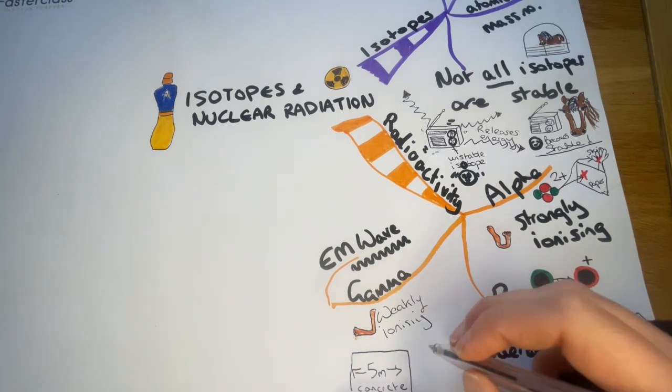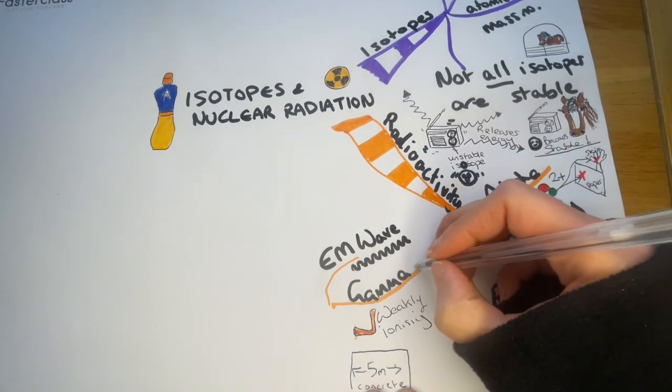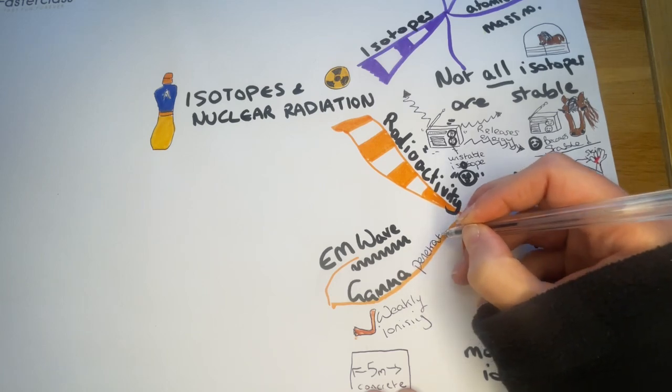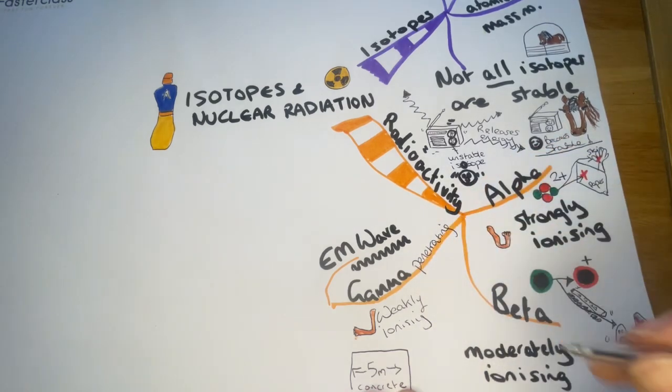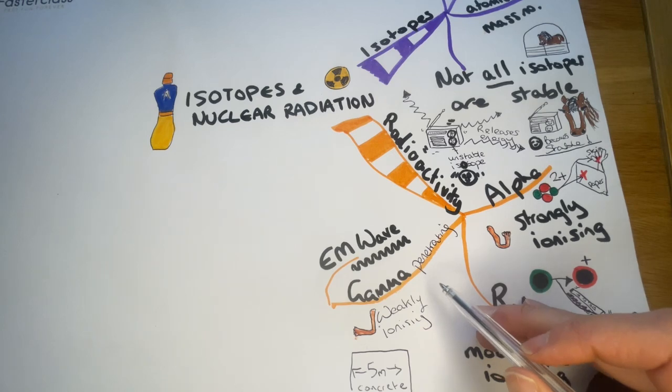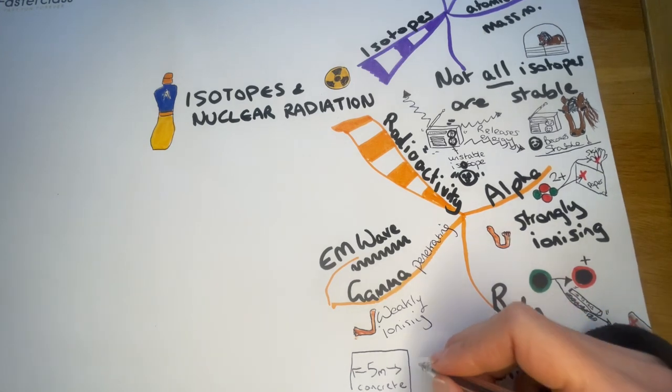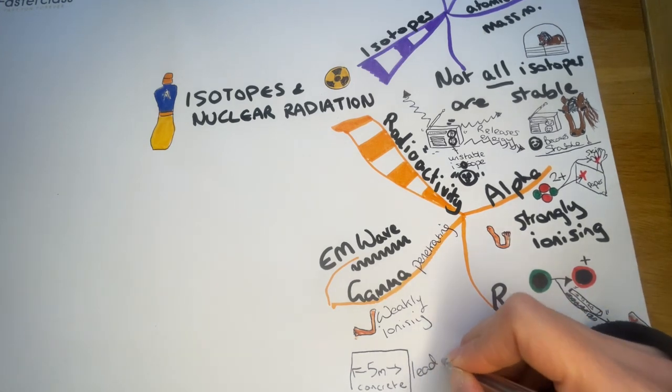Very penetrating. So you can picturise penetrating as well if you like. So it can only be stopped with concrete, huge, massive 5 metres of it, or lead. It can be stopped by lead.